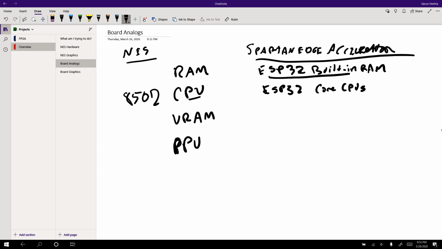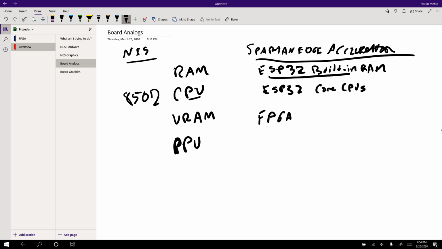So for the VRAM, when we get deeper into the FPGA side of things, we'll get to explore this more. But my plan is that part of an FPGA's structure includes some memory. It's not a lot of memory, but I think it's enough.